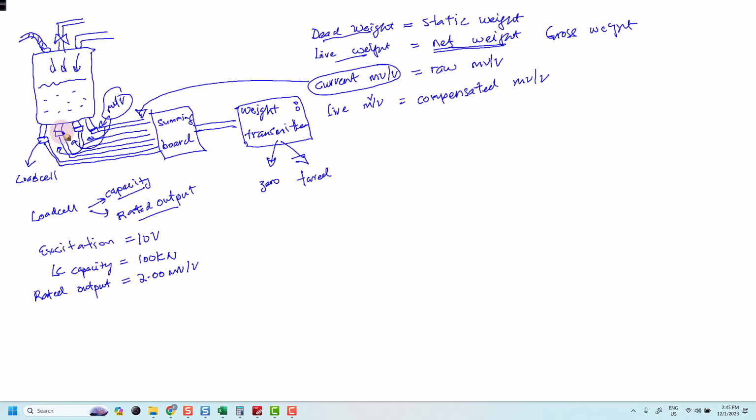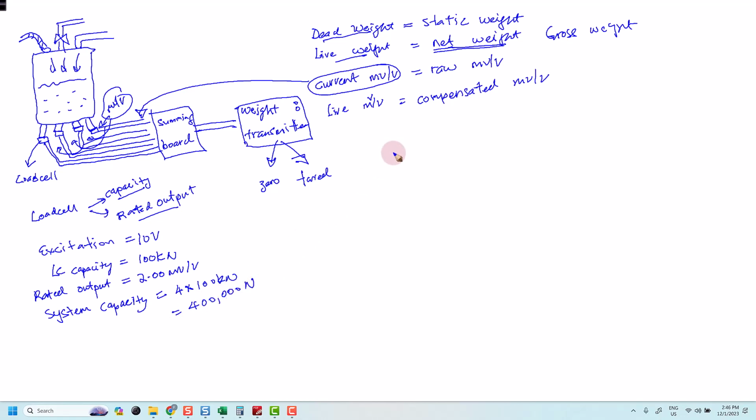Since we use not only one load cell, we use 4 load cells in the system, so we have to calculate the system capacity. The system capacity is 4 load cells times 100 kilonewton capacity, which is 400,000 newton.